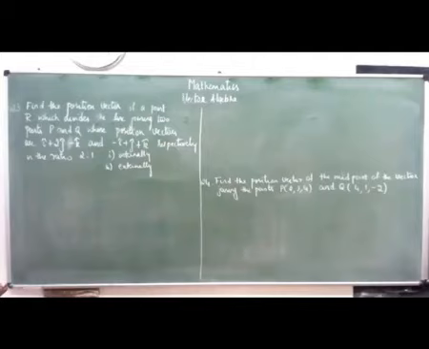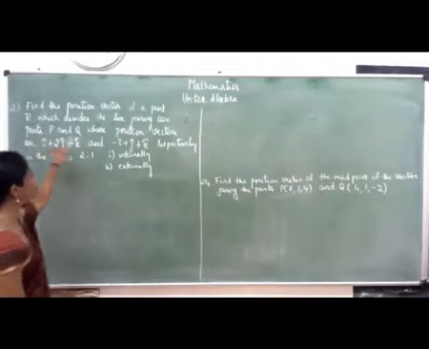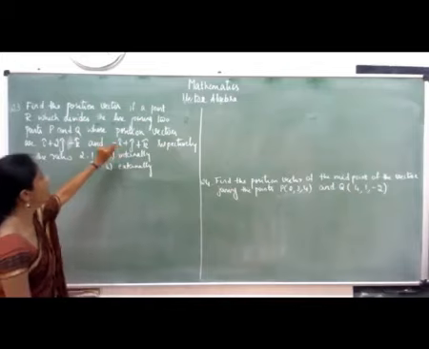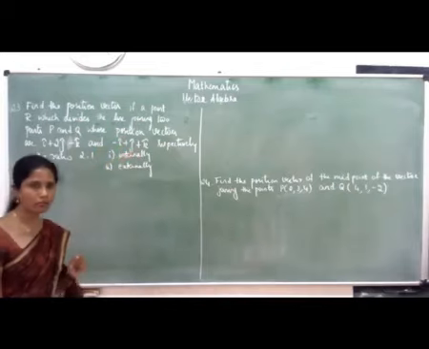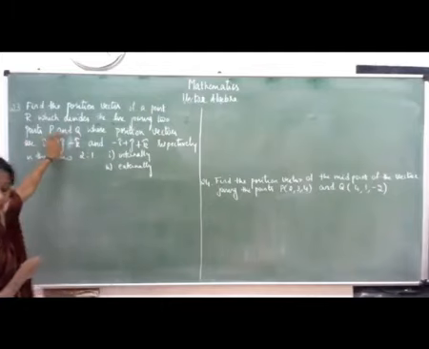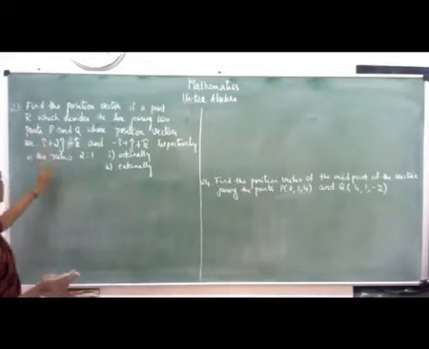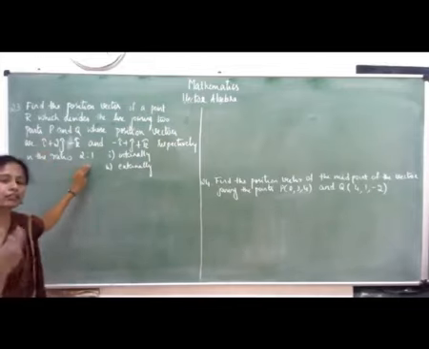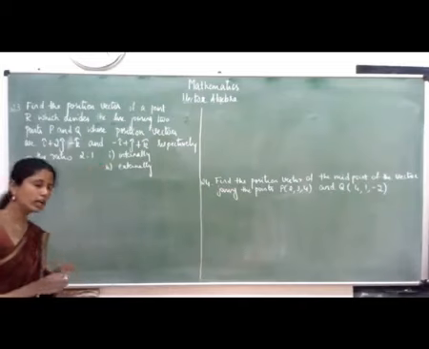Next problem, we need to find the position vector of R, where the given two vectors are i cap plus 2j cap minus k cap and minus i cap plus j cap plus k cap. These are the points P and Q, which is divided by a point R in the ratio 2:1. We need to find the position vector for the point R for both the cases.